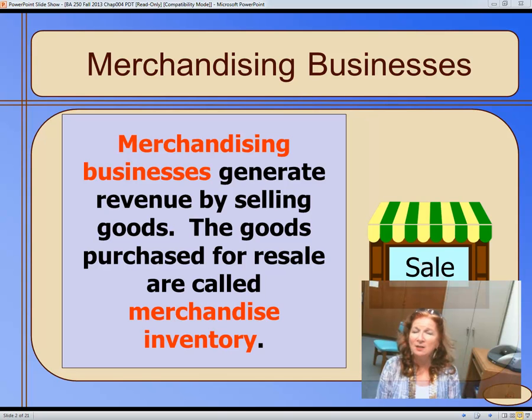It might do your mind good to get a little rest from time to time. So that's my overview of the merchandising business: businesses that generate revenue by selling goods, which they purchase to resell, and then purchase new ones to resell those, called merchandise inventory.